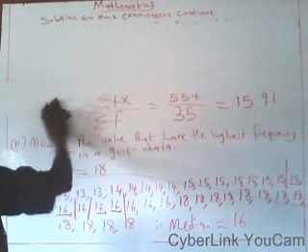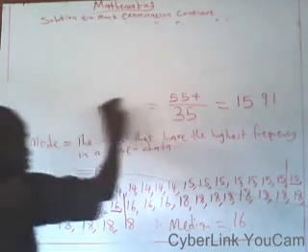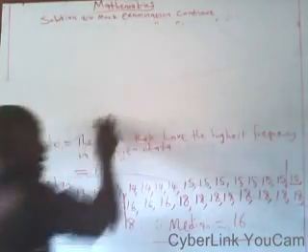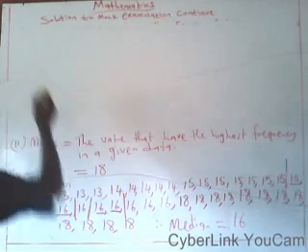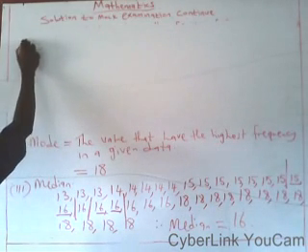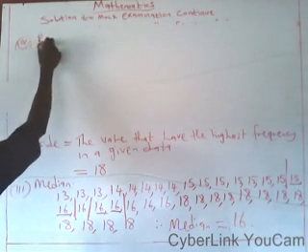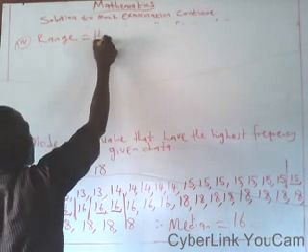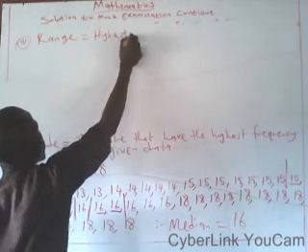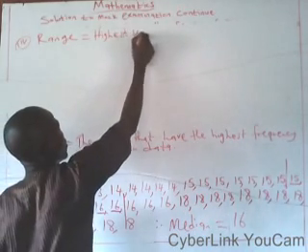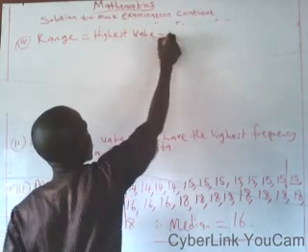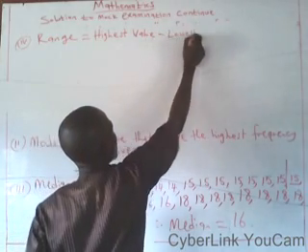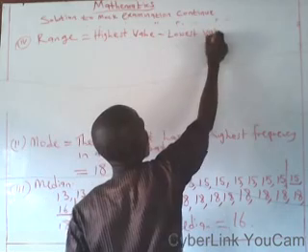How are we going to determine that? If you look at the table very well, range is equal to highest value minus lowest value.